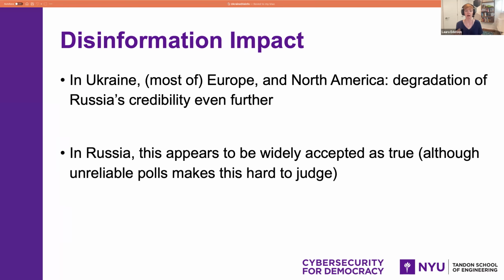And what we can see from these differing impacts in differing information ecosystems is that success or failure came down to whether or not this narrative was actually contested, which sounds like a very low bar to clear, but there were information ecosystems in which there was no countering voice to the message that Russia was trying to push. So obviously in Russia, Putin has been incredibly effective at controlling what information Russians have access to.